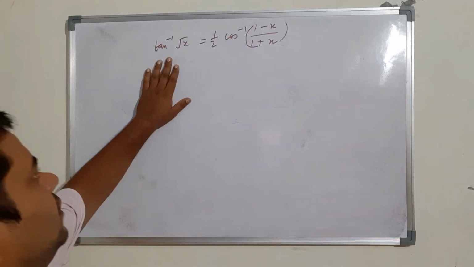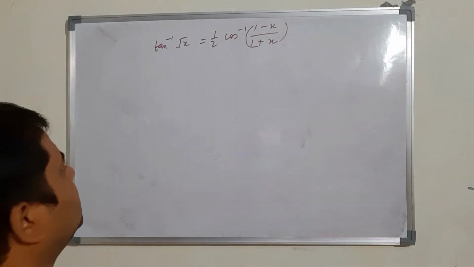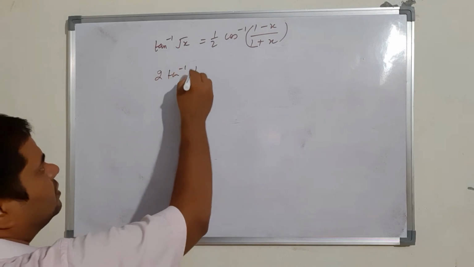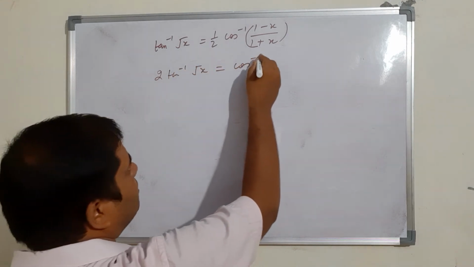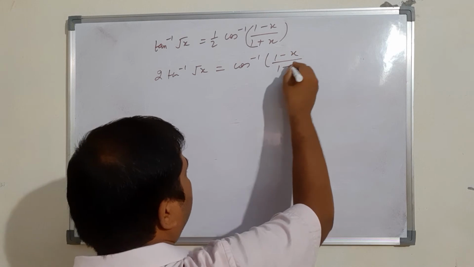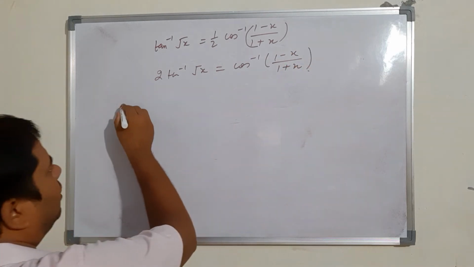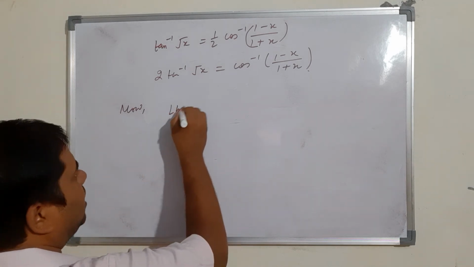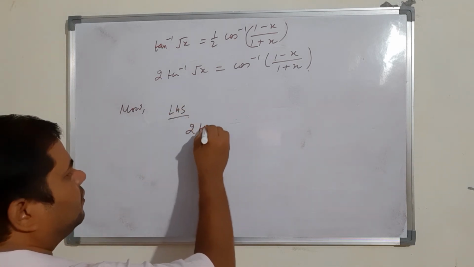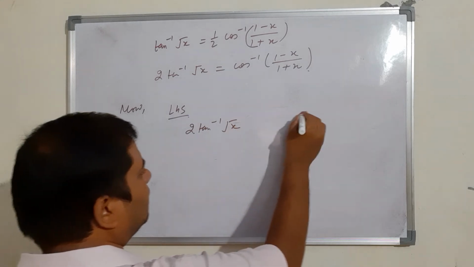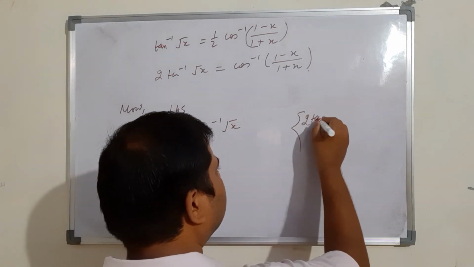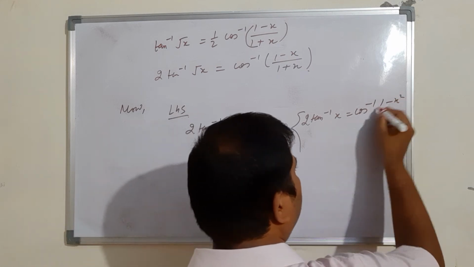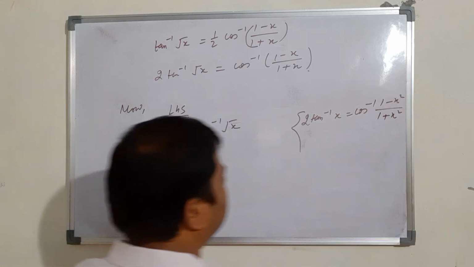For this question, first of all, we change the question. That means we transfer here 2 tan inverse root x is equal to cos inverse of 1 minus x upon 1 plus x. Now, either you can take LHS or RHS. So LHS we have to take 2 tan inverse of root x, and as you know, 2 tan inverse x is equal to cos inverse of 1 minus x square upon 1 plus x square.